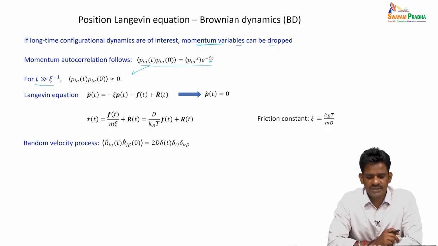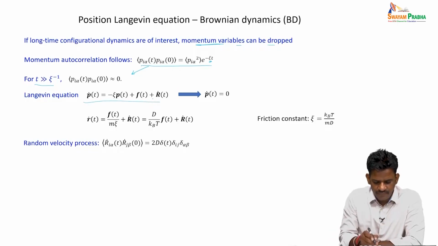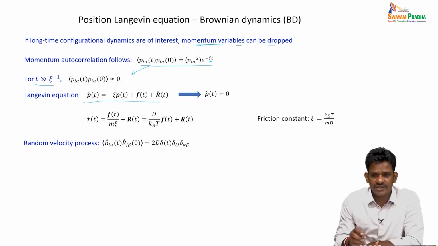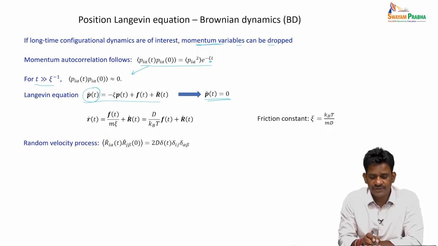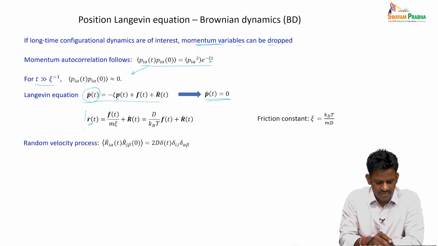What this means is, in the Langevin equation, the sum of all the forces becomes 0, because if the momentum becomes constant, then the acceleration goes to 0. So you set the sum of these forces equal to 0, and then this particular term will have a velocity, and you solve for velocity from here, and you get a much simpler expression for the dynamics.